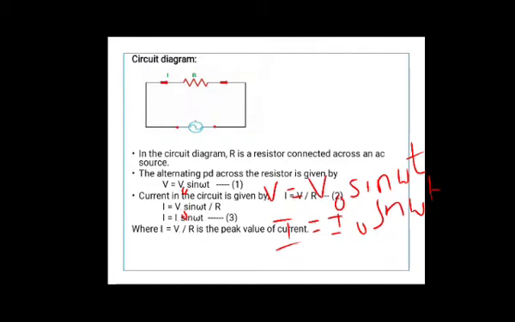So in equation 1 it is V = V0 sin ωt, and equation 3 is I = I0 sin ωt.